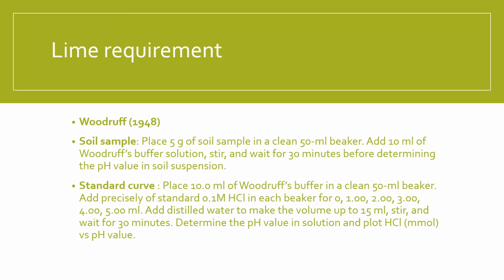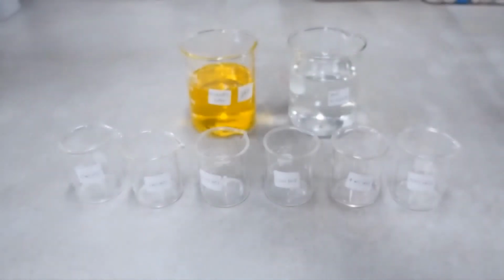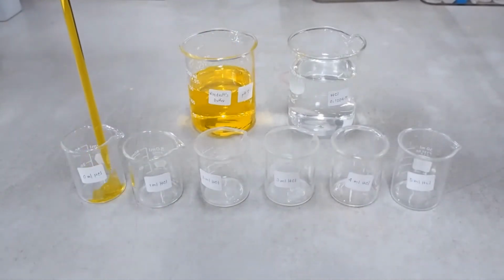After that, we will make the standard set of hydrogen ion versus pH. We will start with the standard set of hydrogen ion. Place 10 ml of Woodruff buffer in a clean 50 ml beaker.